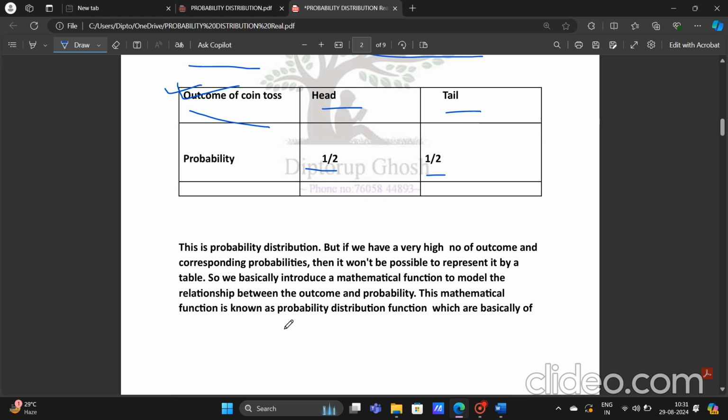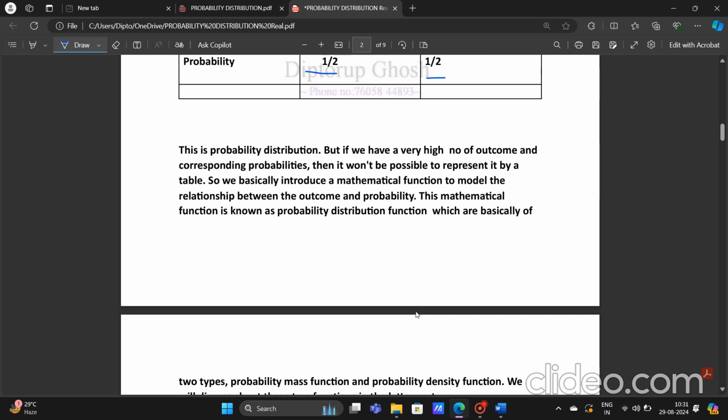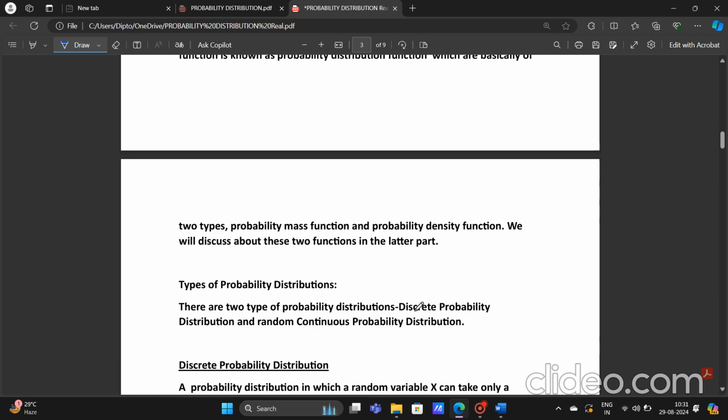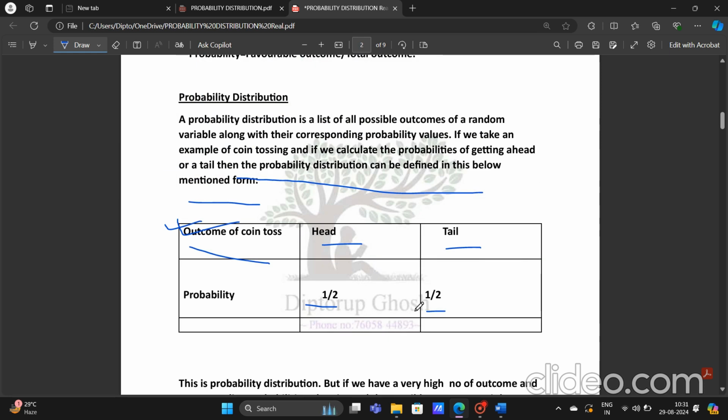Let me tell you again, what is probability distribution? Probability distribution is representing all possible outcomes of a random variable and their corresponding probabilities in a table. But if the number of possible outcomes is very high and the corresponding probabilities are also very high, then it will be very difficult for us to represent it by a table.